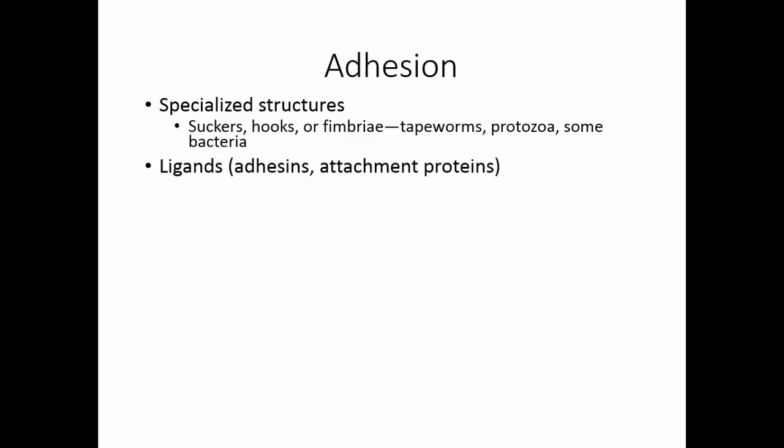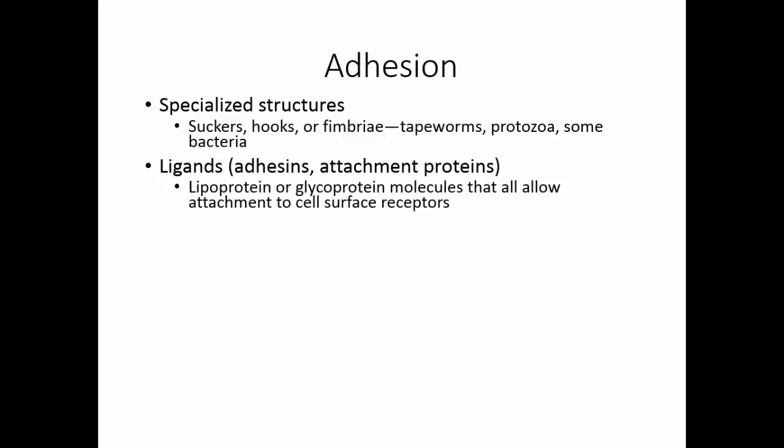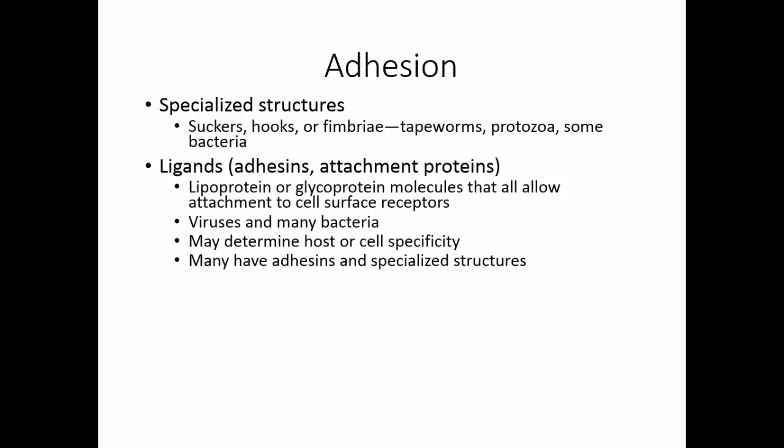Ligands, also known as adhesins or attachment proteins, are lipoprotein or glycoprotein molecules that allow attachment to a cell surface receptor. This is how viruses and many bacteria attach to the cell they're going to infect. These adhesins may also determine host or cell specificity. Many organisms have both adhesins and specialized structures.